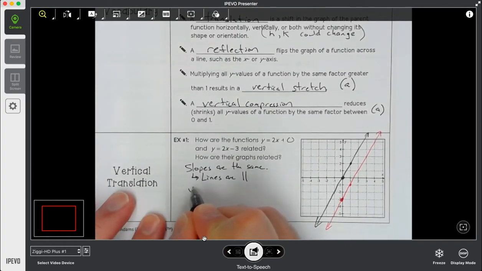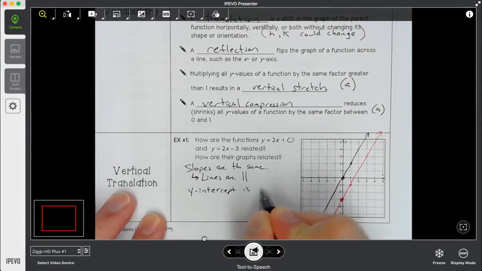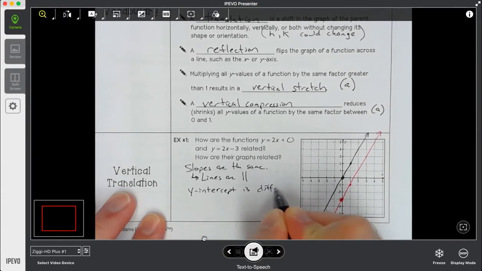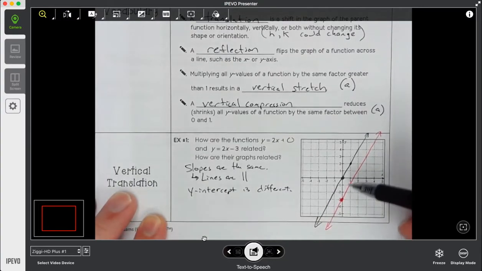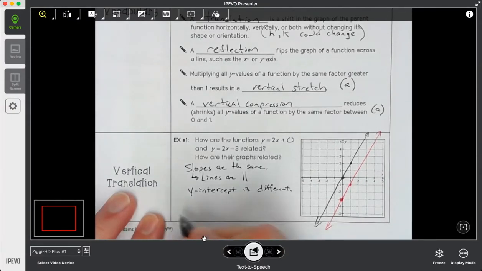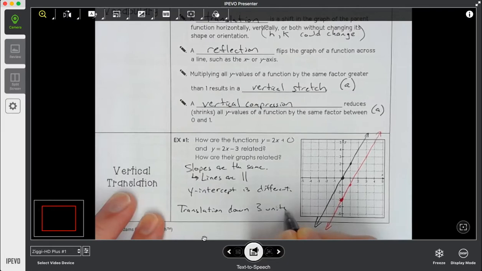However, the y-intercept is different. That means I moved the graph up or down because the y-intercept has changed. As I look from black to red, I moved down 3 units. So we can say this was a translation down 3 units.